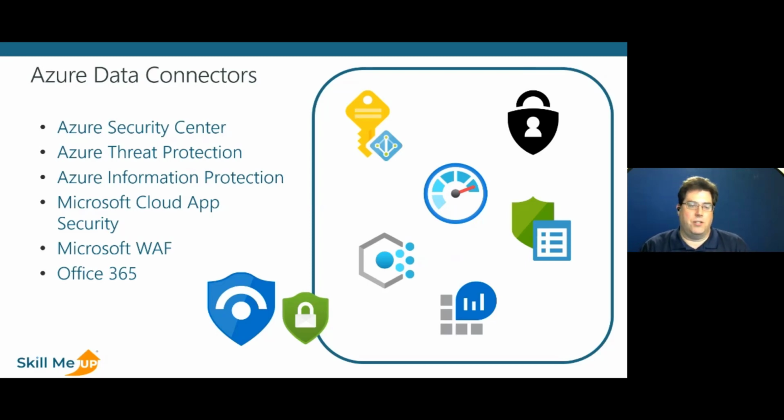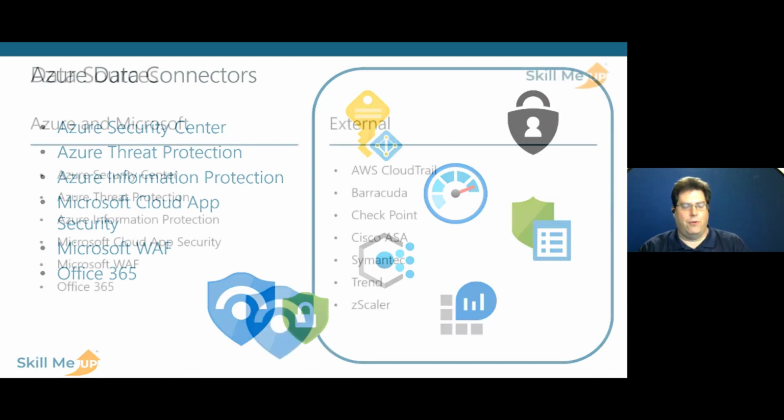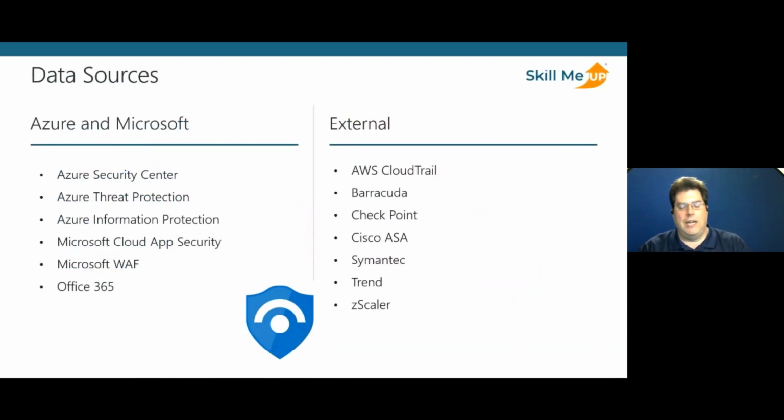We have Azure Threat Protection, or the artist formerly known as Azure Threat Protection, now Azure Defender, Microsoft Defender, Azure AD, Azure Information Protection, Cloud App Security, WAF, Office 365. All of those native services within the Azure environment connect into Azure Sentinel and feed information that can be utilized for threat intelligence, threat monitoring, and threat detection, as well as a lot of these external data sources.